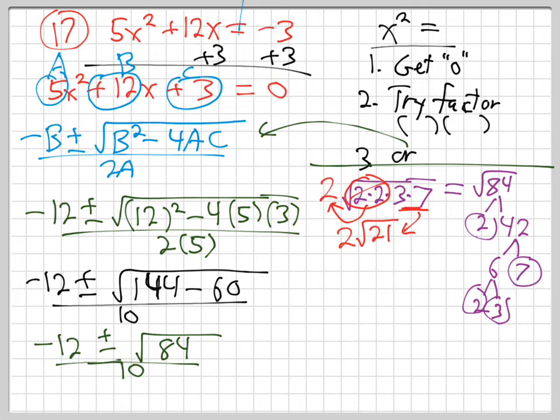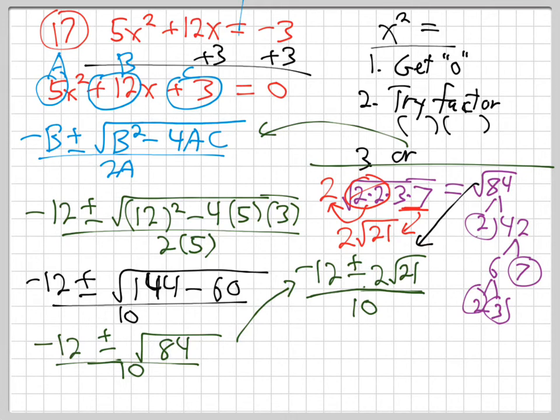So let's put it back into the problem and see what that does. So this becomes minus 12 plus or minus the square root of 84, which is 2 root 21, all over 10. Now, can we simplify that at all? Because it has to go on one side, has to go on the other side. Are we good to here? Is this making sense so far? I broke down that root 84 to be 2 root 21.